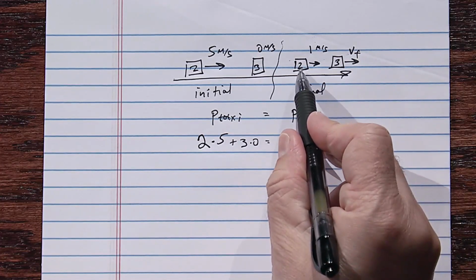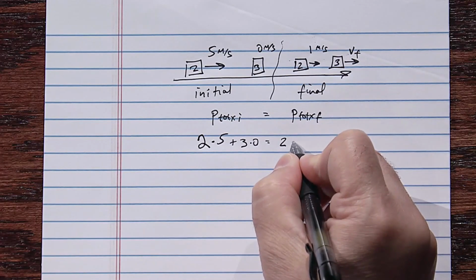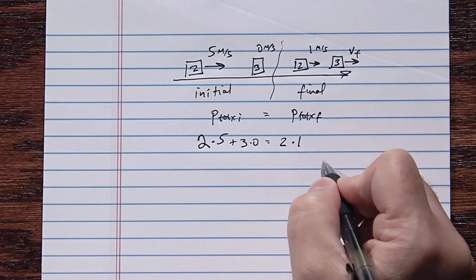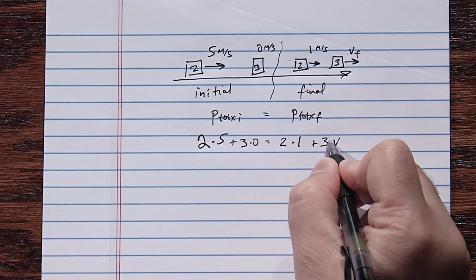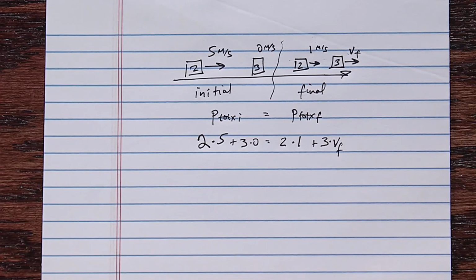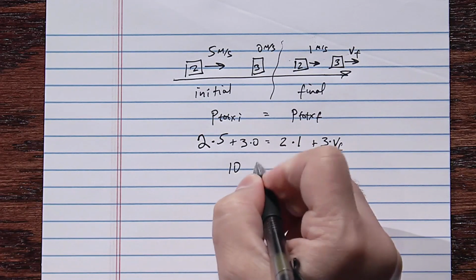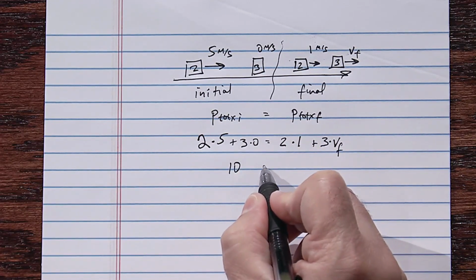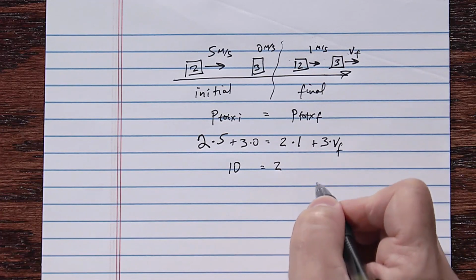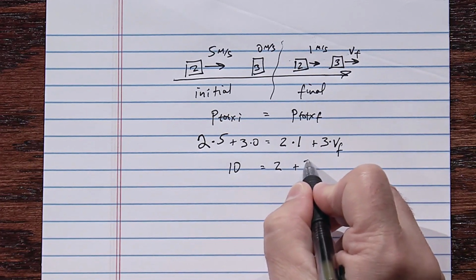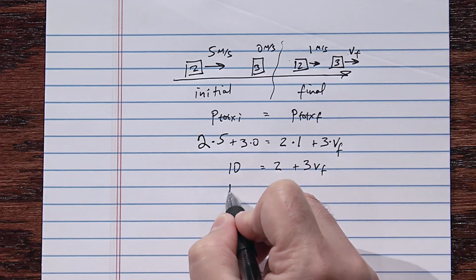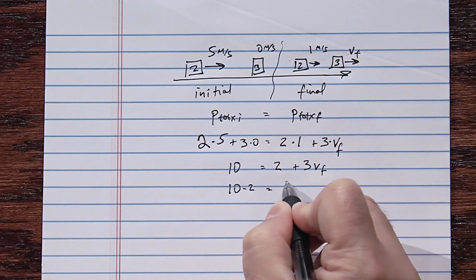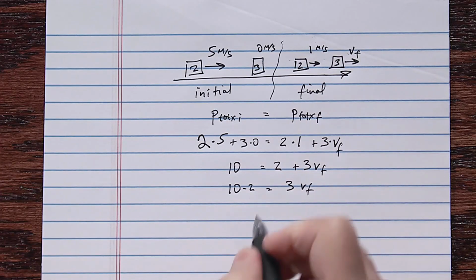And finally, we have 2 kilograms times 1 meter per second plus 3 kilograms times some unknown V final, or 10 kilogram meters per second initially is equal to 2 kilogram meters per second finally, plus 3 V final, or 10 minus 2 is equal to 3 V final.